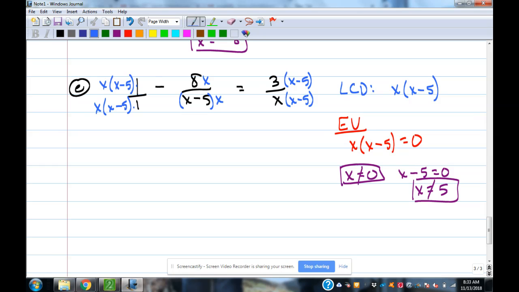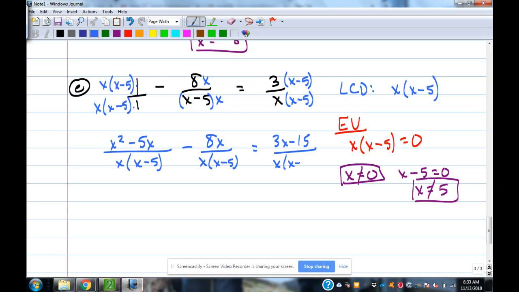Just multiply out all the numerators. So here we have x times x minus 5 times 1. So that'd be x squared minus 5x over x minus 5 minus 8x over x minus 5 equals 3x minus 15 over x minus 5.